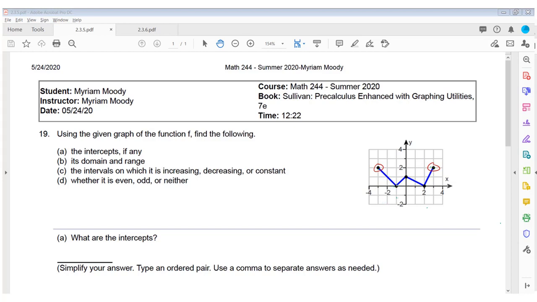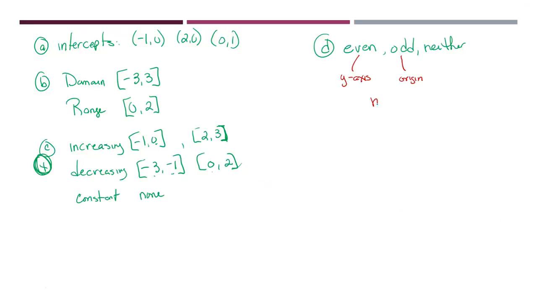But the question is, does this point, which was (-1, 0), mirror this point, which is (2, 0)? Nope, it does not. So, do I have any y-axis symmetry? None. Do I have origin symmetry? Yeah, none. So this one is neither. It's not odd, it's not even, because there's no y-axis and there's no origin symmetry.